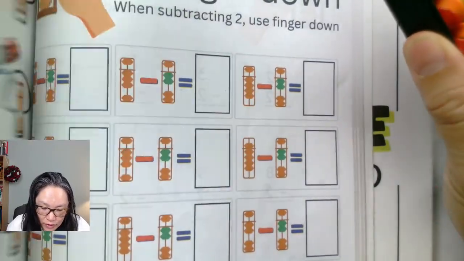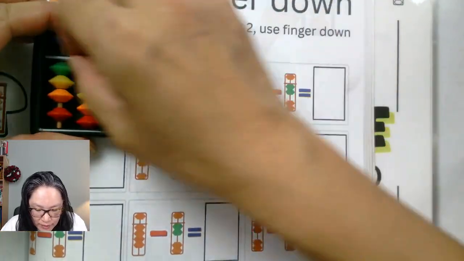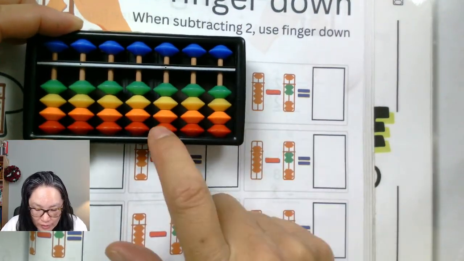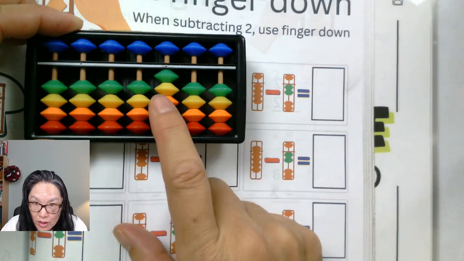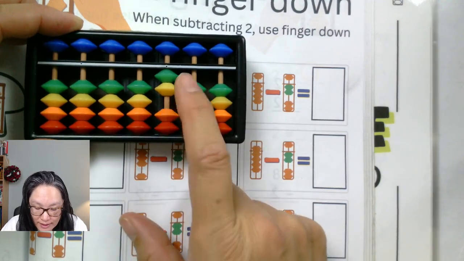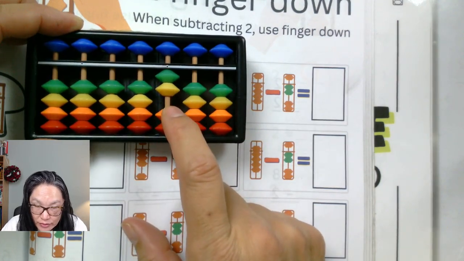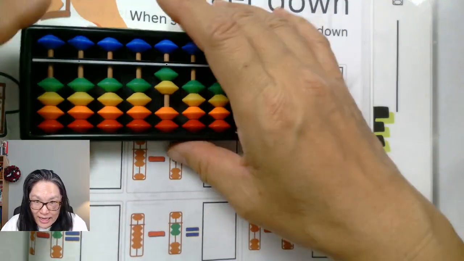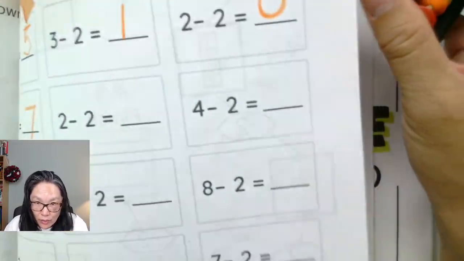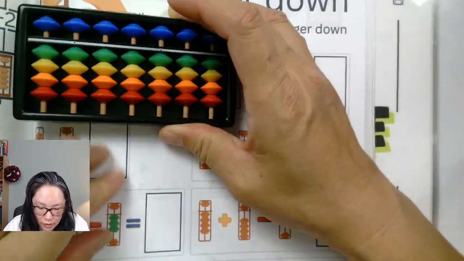So again, what we are doing is moving the beads. When we have the 4, we take away the 2. That makes sense? Take away the 2. Bryce, does it make sense on how to read the abacus? When we're adding, we go to the horizontal bar. When we're subtracting, we go away from the horizontal bar.